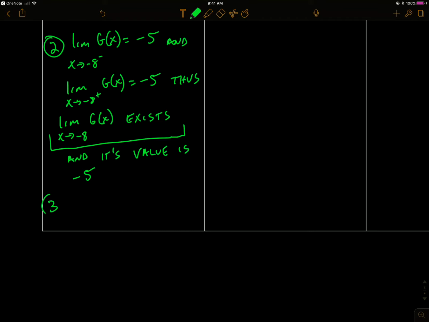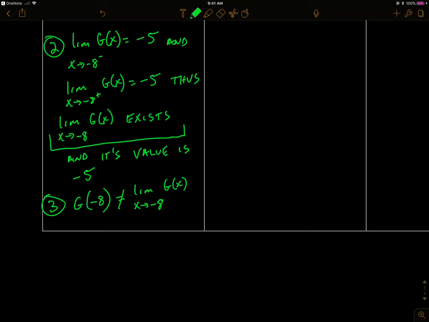So then criteria 3 for it to be continuous here is that g of -8, our target value, needs to be equal to the limit as x approaches -8, which it is not.